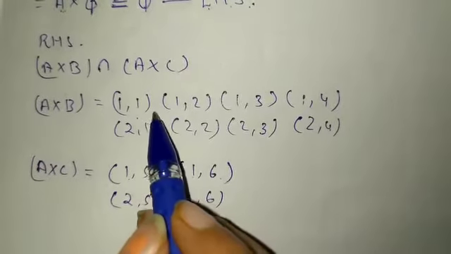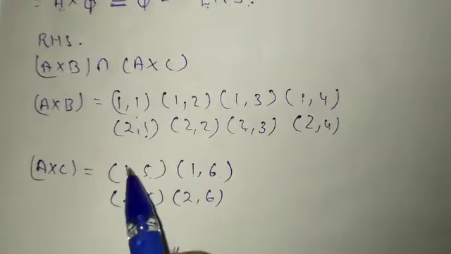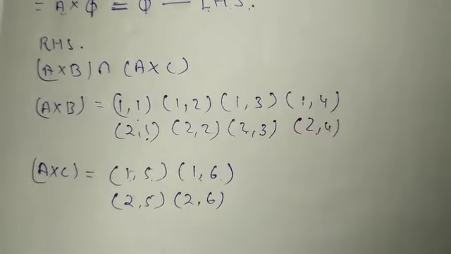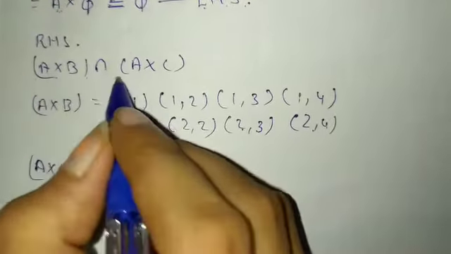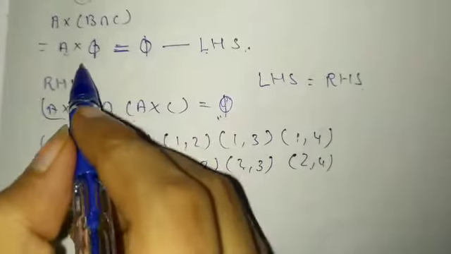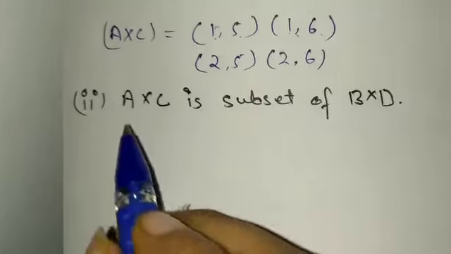Now here we can see that none of the elements is common in both sets. Therefore, the product of set A into B intersection the product of set A into C is equal to the null set. Now we have proved LHS is equal to RHS, since both sets are equal to the empty set.